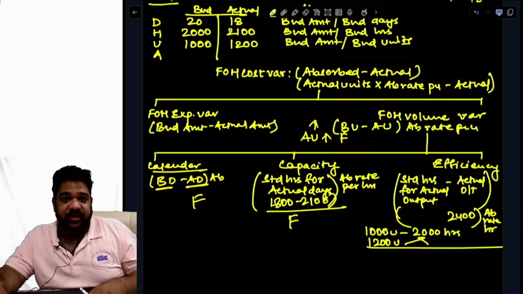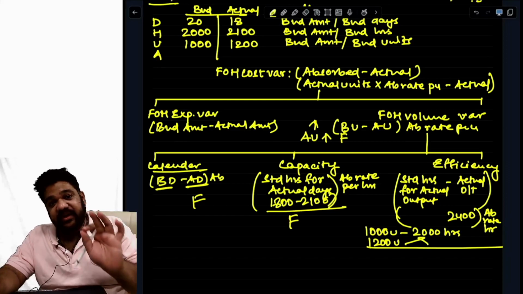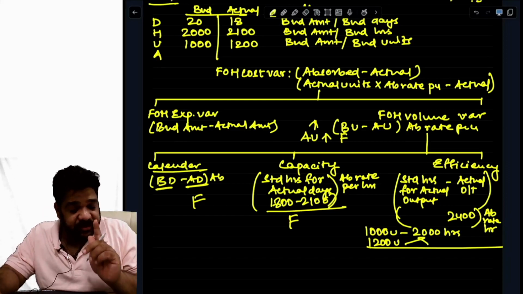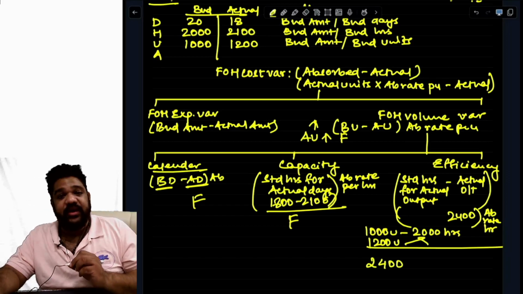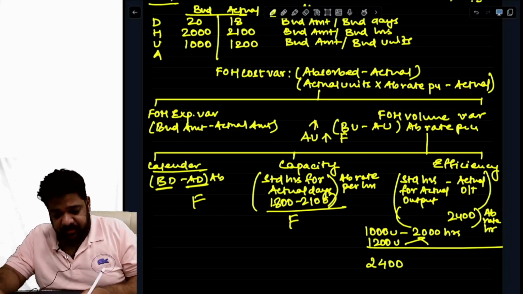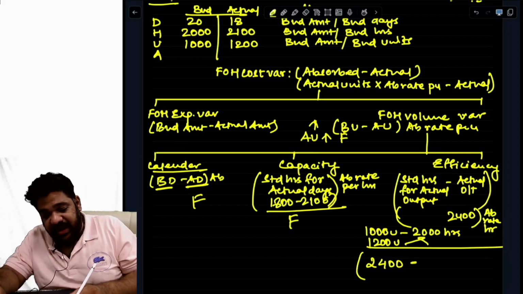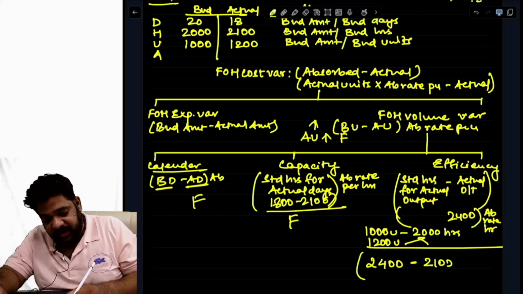Efficiency variance, finally. To complete the syllabus, you were supposed to take 2400 hours, but you've actually taken how many hours? 2100 only.